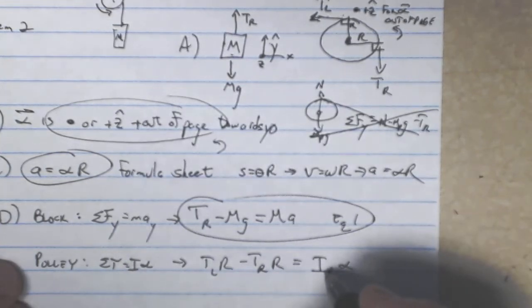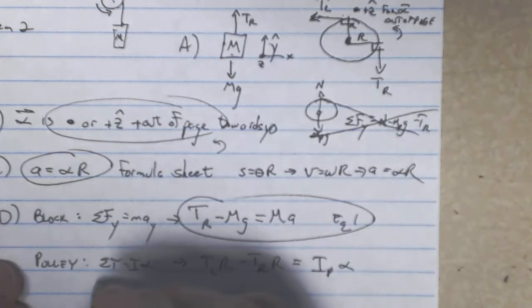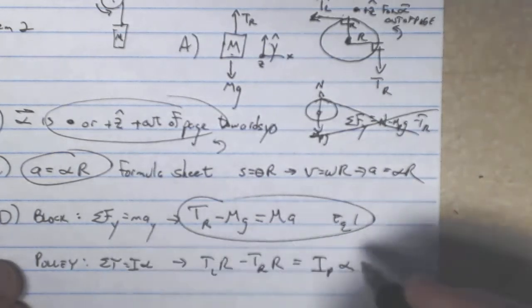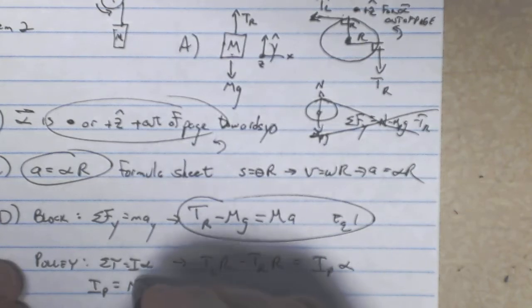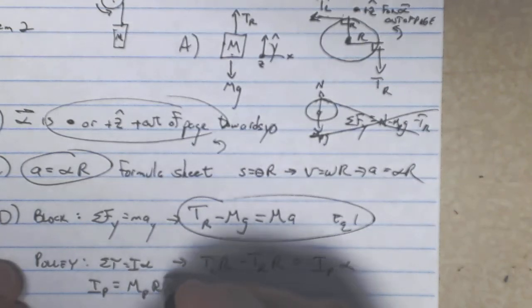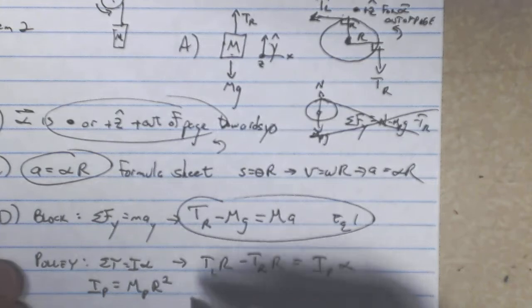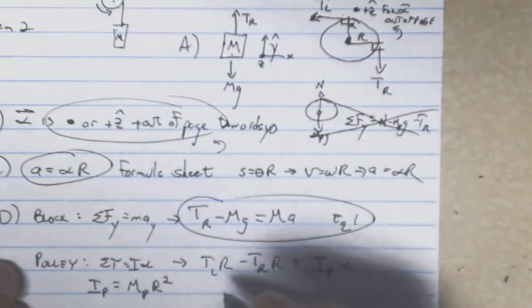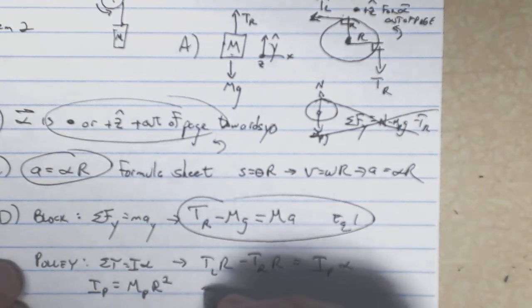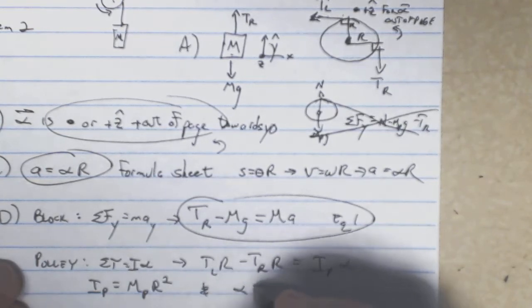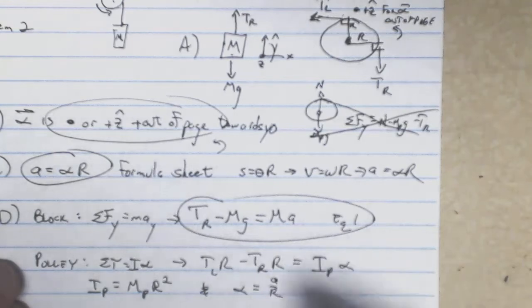We have to convert that into things that we were given, but we're told that this is a pulley with most of its mass on the rim. So I of the pulley is just equal to the mass of the pulley times R squared. And you're supposed to know that or be able to figure it out easily. While I'm at it, simplifying this expression, I'm also going to use alpha equals a over R and plug both of these into this expression.